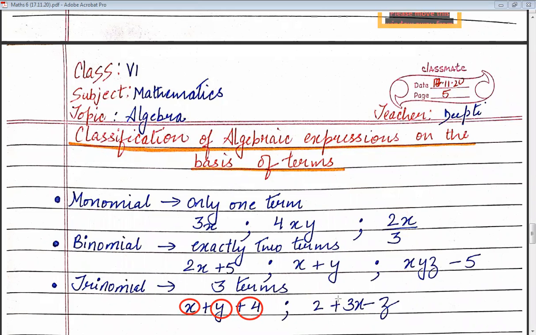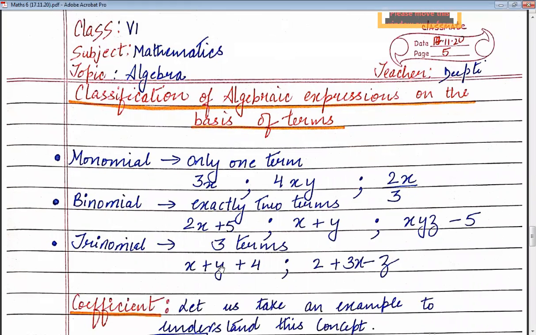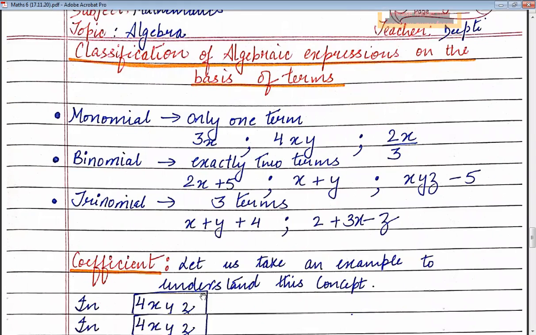Now next one, 2, first term, 3x, second term, and z is your third term. So children, in these examples, we have 3 terms. So they are called trinomial. Is it clear? What is monomial? 1 term. Binomial? 2 terms. Trinomial? 3 terms. Okay. So let's move on to the next topic.